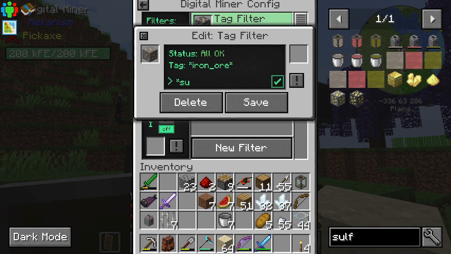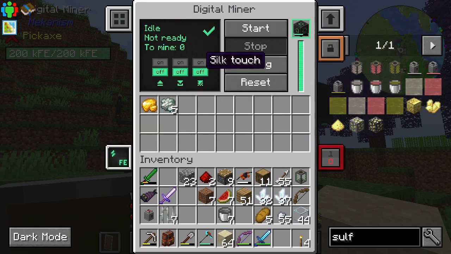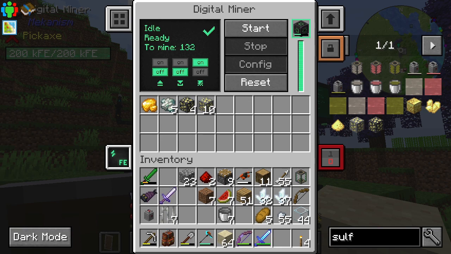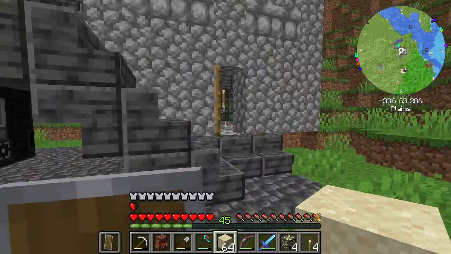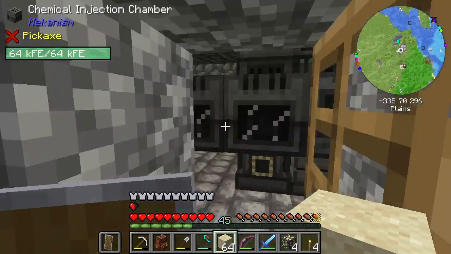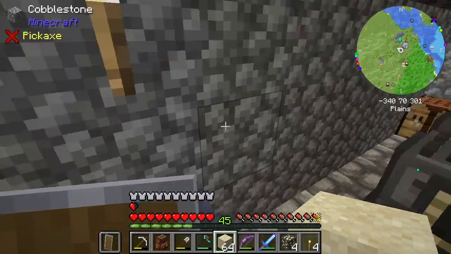Alright, now I think I'm spelling this correctly. Yeah, I am. Okay. Turn on Silk Touch and start. Yeah, there's not a lot of it here. We take it up to the induction smelter.